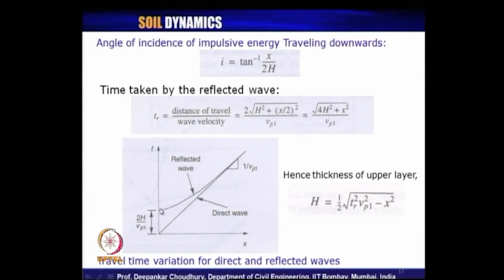So, it will take a shape like this, with an intercept on the t axis like this. So, the thickness of the upper layer can be computed if you simplify this expression and put it in terms of h. You will get the expression in terms of h like this, in terms of the time taken by the reflected wave, the primary wave velocity in the first media, and the x distance between the source and the receiver.